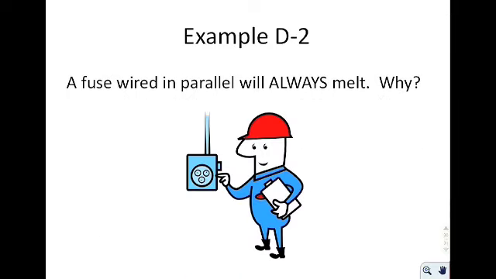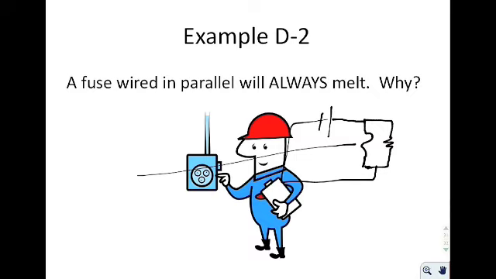And the last example says a fuse wired in parallel will always melt. And this is kind of foreshadowing, I guess, a little bit at this point. But if you have this situation right here, where you have a fuse that is wired in parallel with a resistor, and they're connected to the other end of the battery. Okay, now what is the path of least resistance?